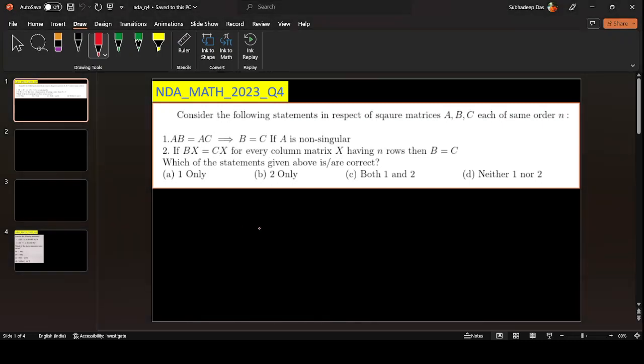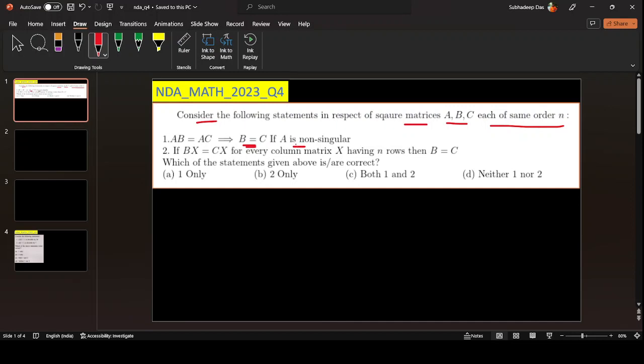Okay, today we discuss two important problems. Let's just start. Consider the following statements in respect of square matrices A, B, C, each of same order n. The first statement is: if AB equals AC implies B equals C if A is non-singular.